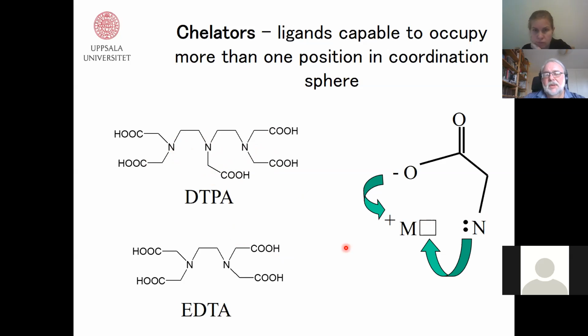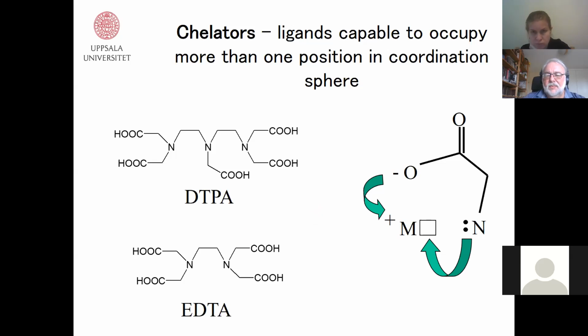EDTA is accordingly hexadentate because it can occupy 6 positions in the coordination sphere. Well, the question is, okay, they can. Why should they?